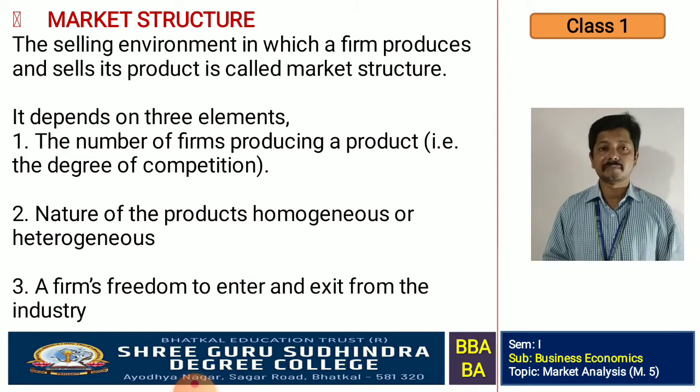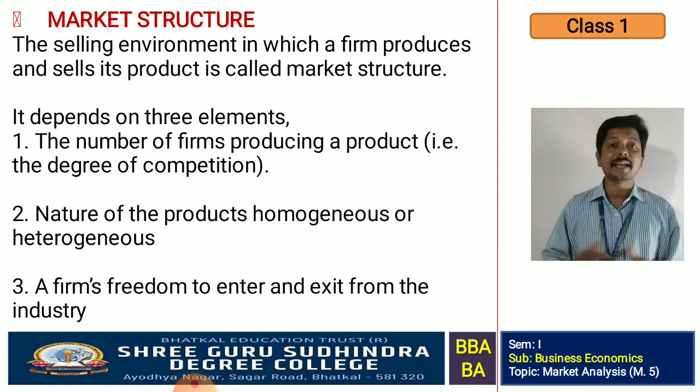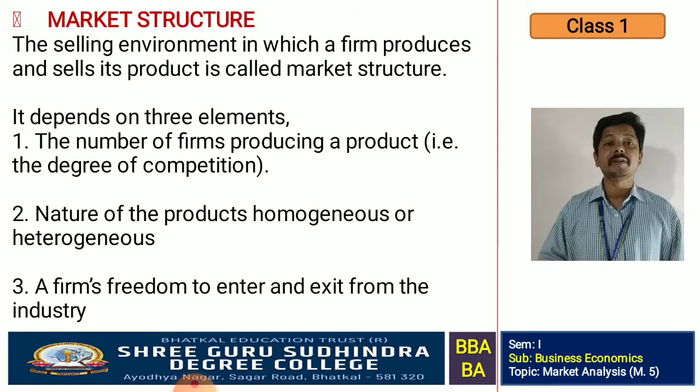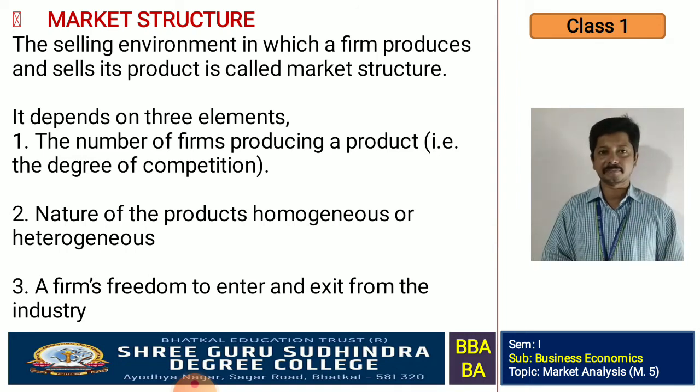Market structure, that means the selling environment in which a firm produces and sells its products, is called a market structure. Correct? Sometimes the producing firms may not sell the product directly in the market, but they have different methods.